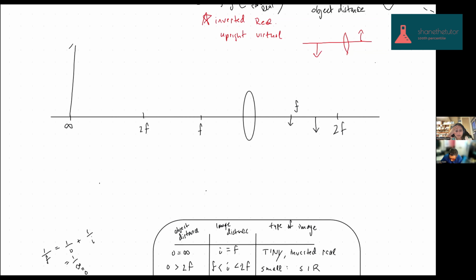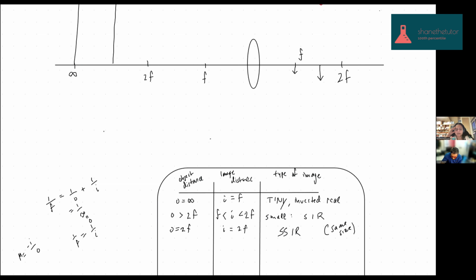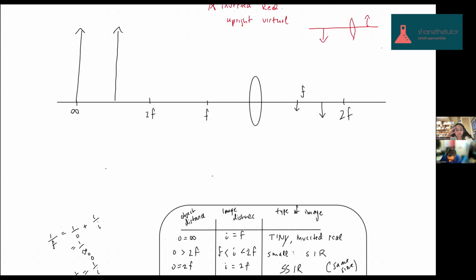So this will be SSIR, SS meaning same size. I'll draw that in blue here. So at 2f, you have that, and at 2f, I still have that above. Let me put it above.